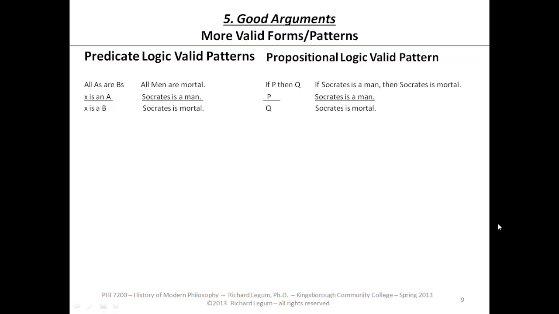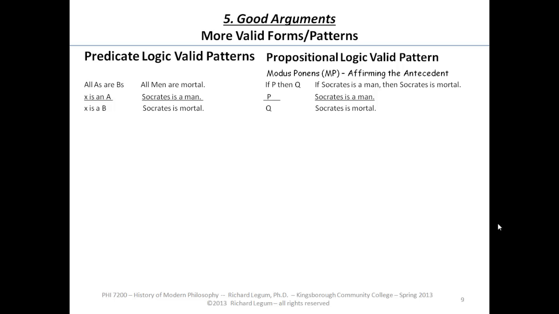Well, if you take a look at the inference on the right, the propositional logic pattern, modus ponens, one that we've seen: if P then Q, P, therefore Q. If Socrates is a man, then Socrates is mortal. Socrates is a man, therefore Socrates is mortal.